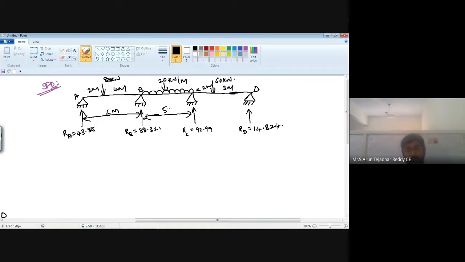Here the span is 5 meter. Here the span is 5 meter. This is the given diagram, and also we got the support reactions RA, RB, RC, RD. Okay. Now extend this line.